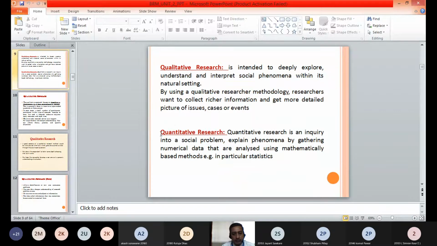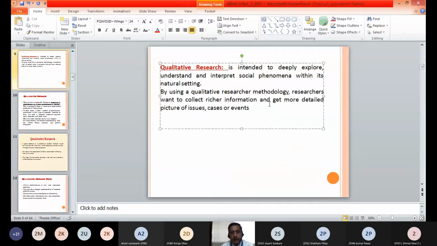Qualitative research, we discussed, is intended to deeply explore, understand, and interpret social phenomena within its natural setting. So in the natural setting as it is, we observe, understand, and interpret different social phenomena, to understand that particular event, phenomenon, or concept, so as to get more detailed information about that particular problem.